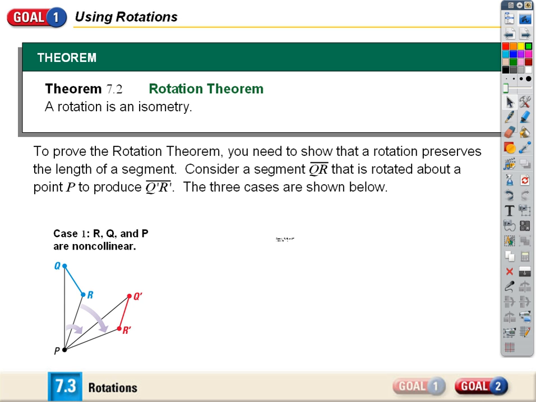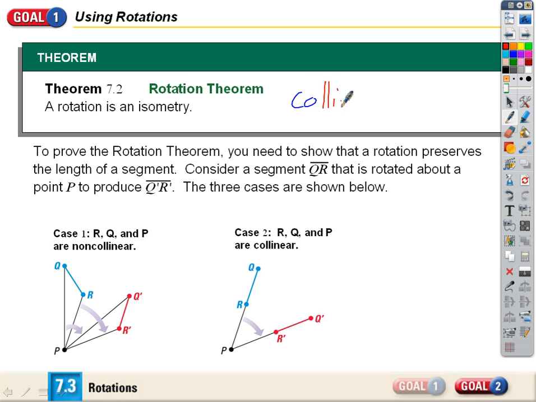Now remind me real quick, what does it mean to be collinear? What's the co mean? It means same line, doesn't it? The co is same, linear means line.